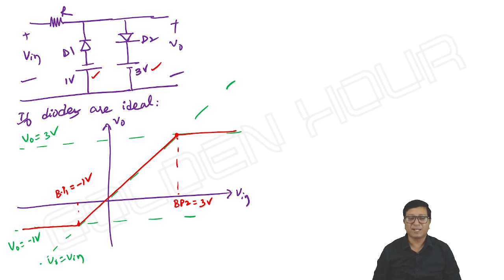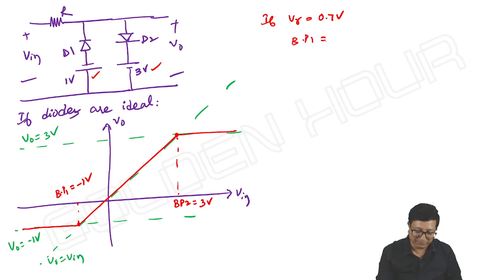Again, if V gamma is given as 0.7, then breakpoint 1 becomes minus 1.7, and breakpoint 2 becomes 3.7 volt.